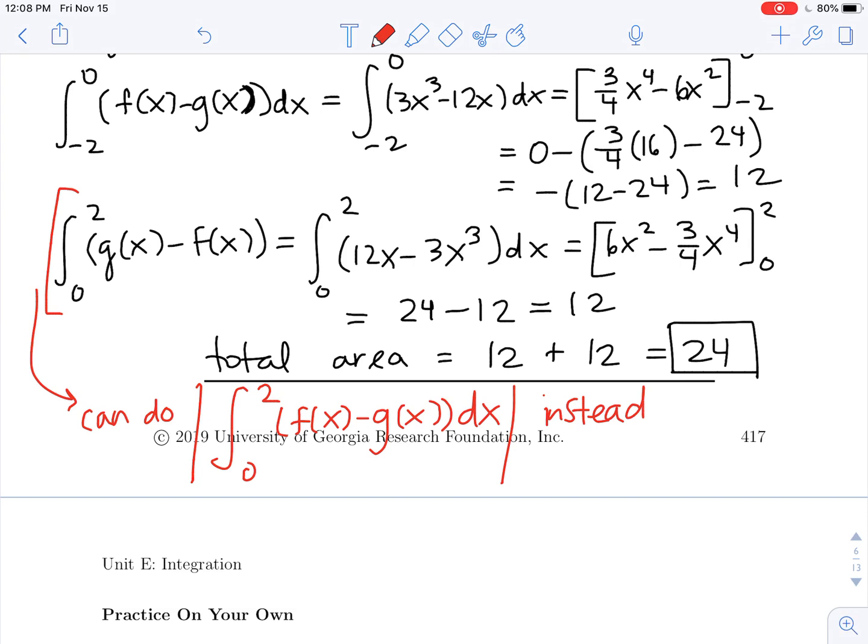The important part is that you remember to break up your original domain of integration using the points of intersection. After you've done that carefully, you can integrate the difference, f minus g or g minus f, as long as you remember to disregard the negative at the end. So if you did it this way, you would take the absolute value of -12 and get 12 here.